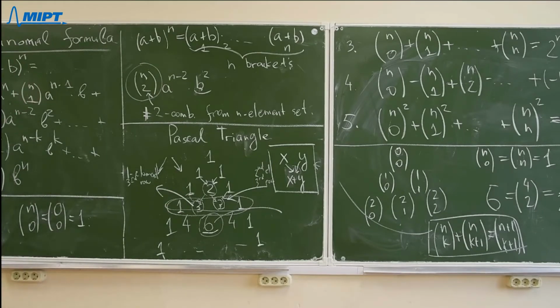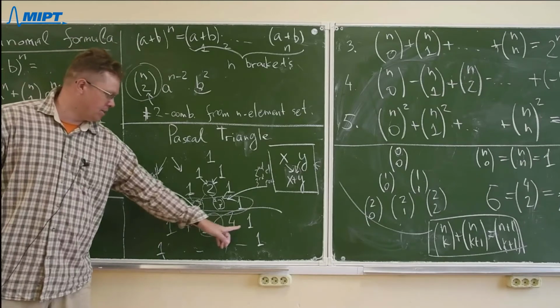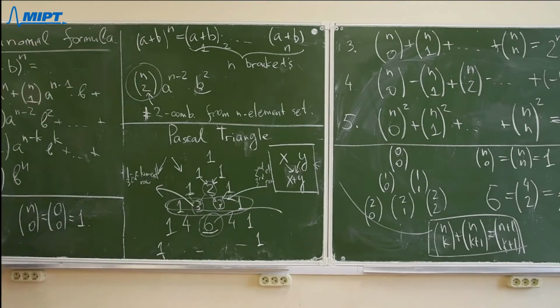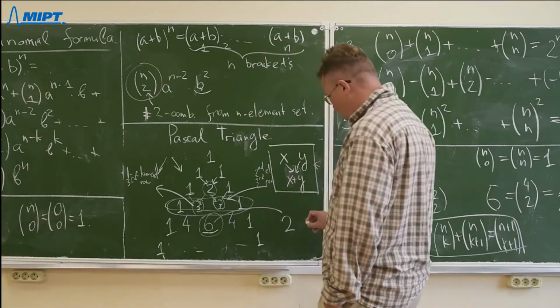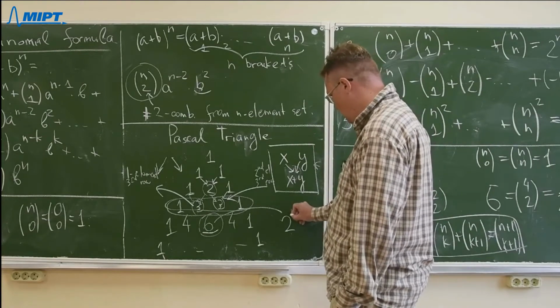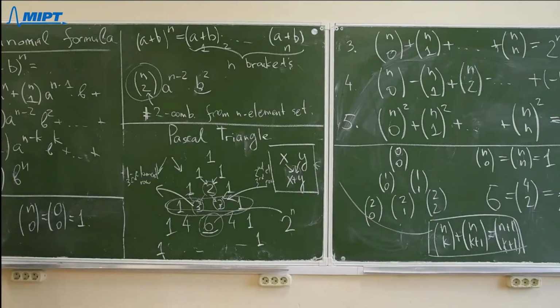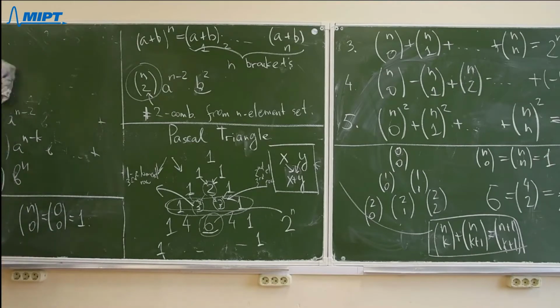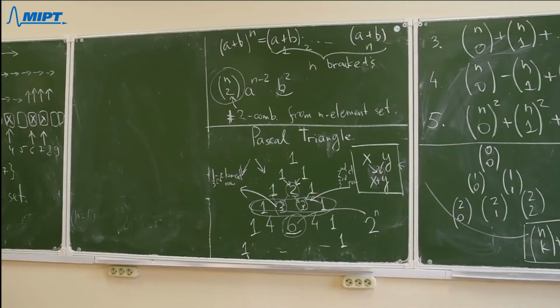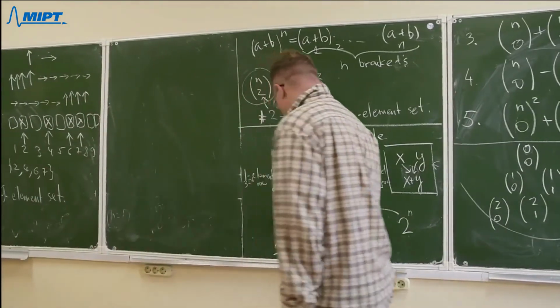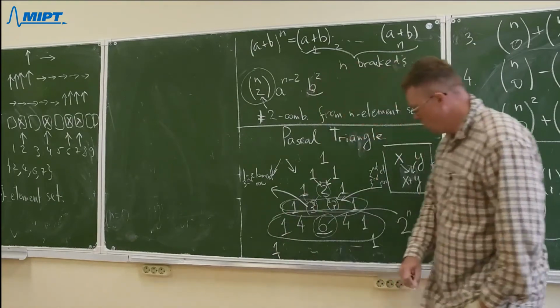And how can we calculate the sum of the elements in this row? I want to prove that the sum of these elements is 2 to the power of n. So remember, if I choose, for example, the fourth row, what do these numbers state?